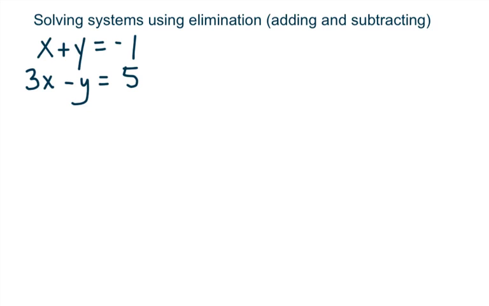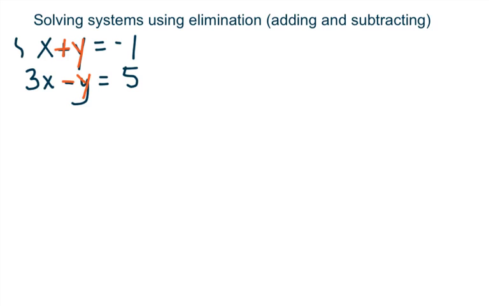So therefore, I'm going to teach you a method called elimination, and it's called elimination because we eliminate one of the variables. If you take a look at what I have given you, we have a positive y and we have a negative y. And if we add those together, we get 0.